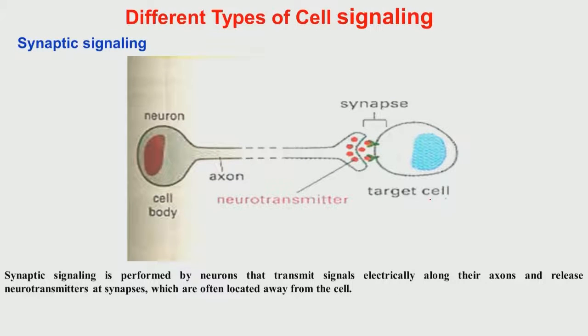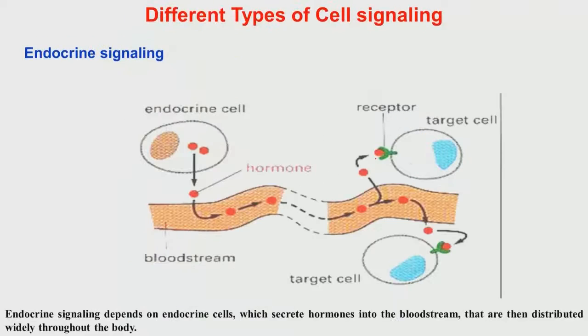The third one is synaptic signaling, which is more relevant for neurons. In the case of neurons you have the synapse and then you have the target cell here. So, it is very easy for the neurotransmitter to attach to the cell surface receptors of the target cell itself. The fourth one is endocrine signaling.